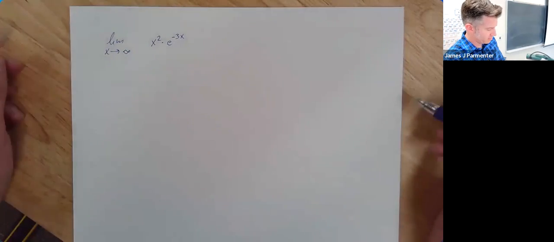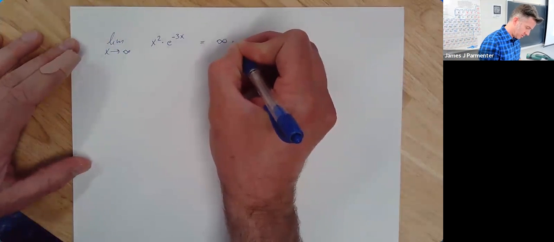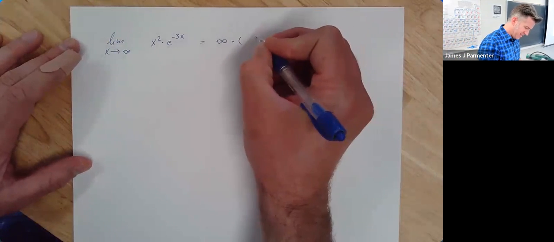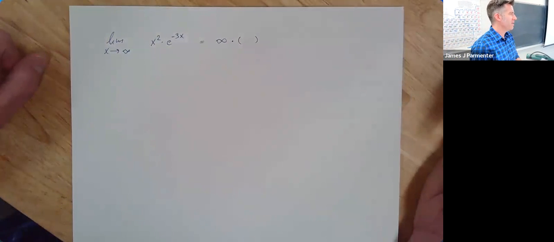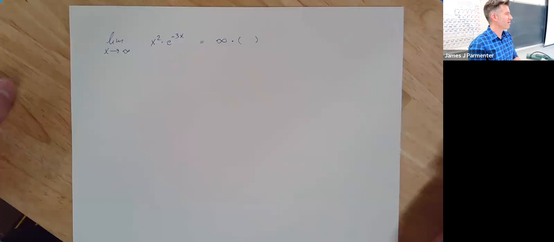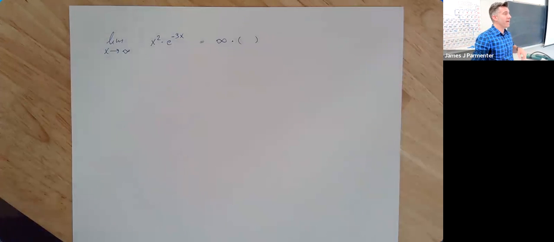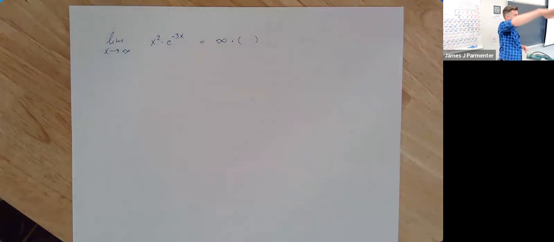If I plug it in, x squared is certainly infinity as x goes to infinity. And if x is going to infinity, e to the negative 3x is going where? E to the negative 3x goes down from left to right.